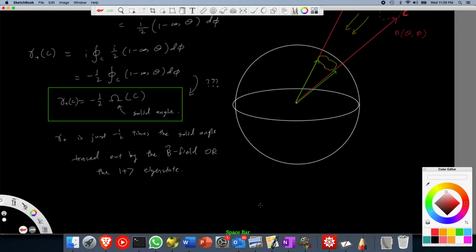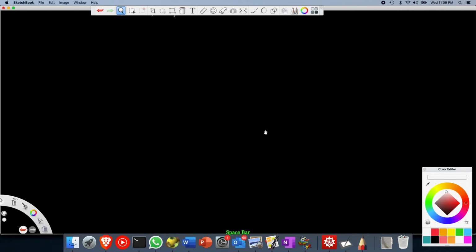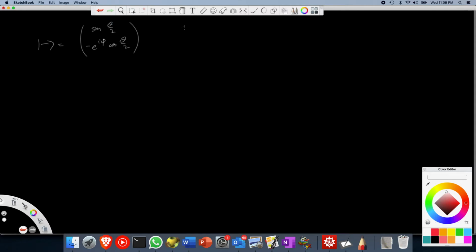And now let's move on to the calculation of the Berry phase for the minus eigenstate. We first write out the minus eigenstate, which is sine theta over 2, minus e to the i phi cosine theta over 2. Most of this derivation is going to be the same, so feel free to skip ahead if you want.